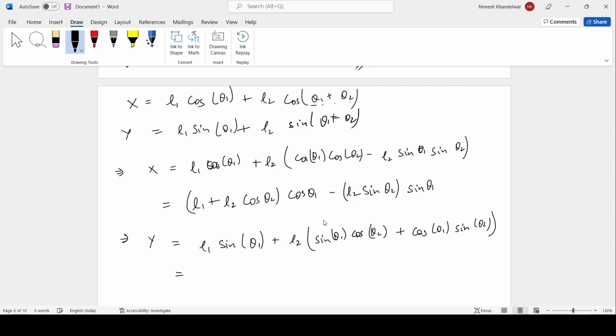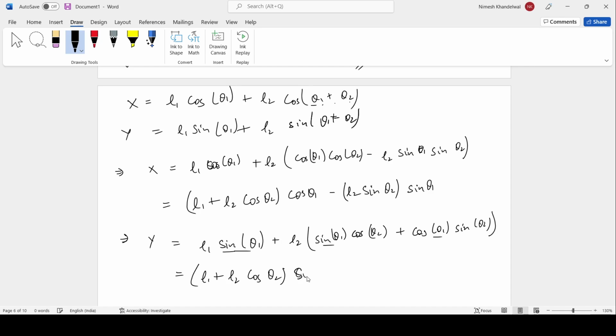Now, similarly rearranging, getting all the terms of sine theta 1 in one place and cos theta 1 in one place, I will be left with these equations.